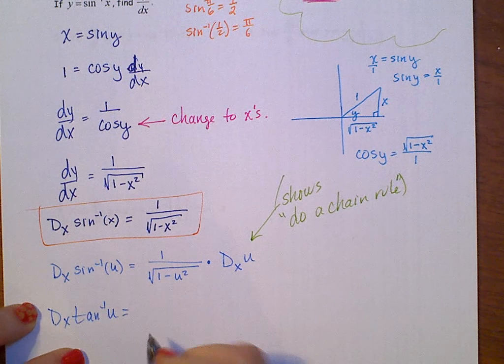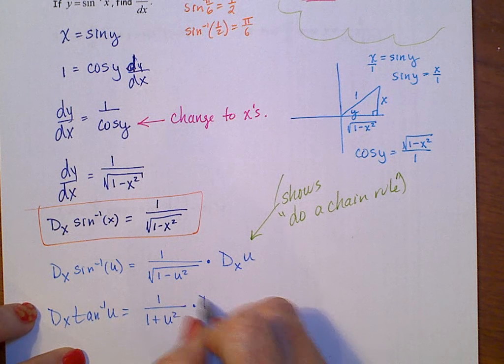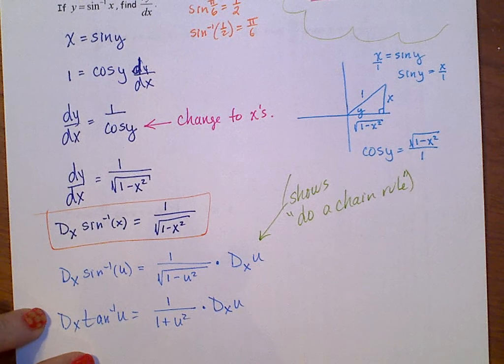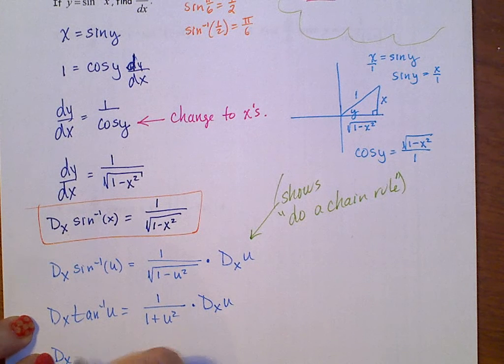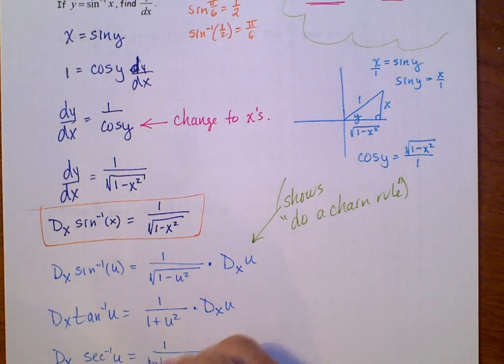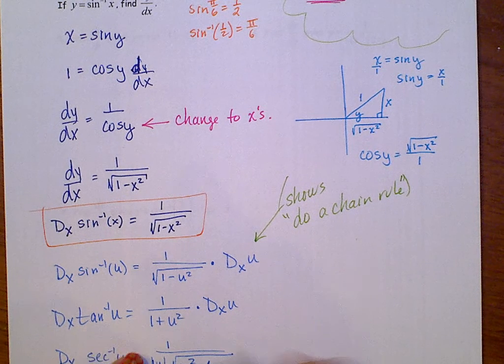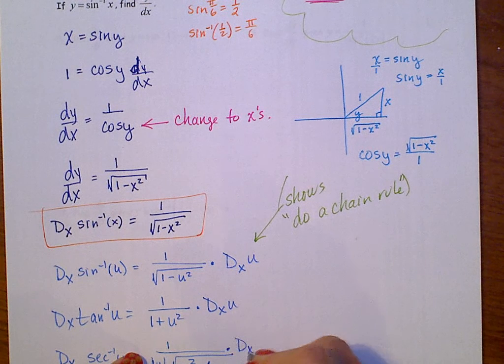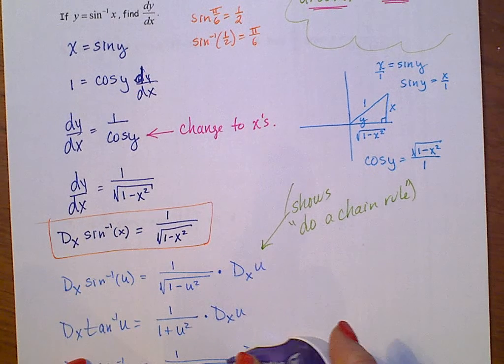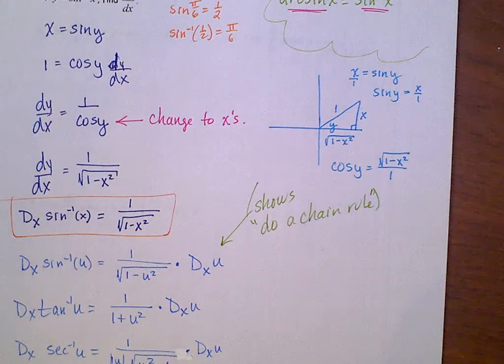The derivative of inverse tangent u is 1 over 1 plus u squared times the derivative of u. The derivative of inverse secant is 1 over absolute value u square root u squared minus 1 times the derivative of u.